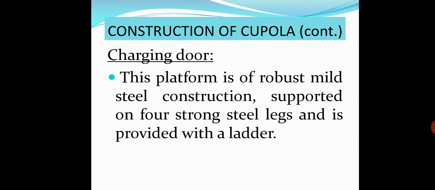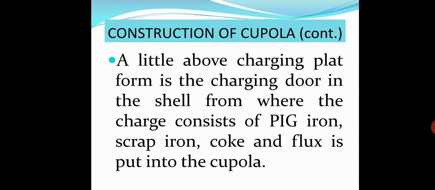Next is the charging door and charging platform. The charging platform is of robust mild steel construction supported on 4 strong steel legs and is provided with a ladder. On top of this platform there is a charging door in the shell, from where the charge, meaning the raw material, will enter into the combustion chamber of the furnace.